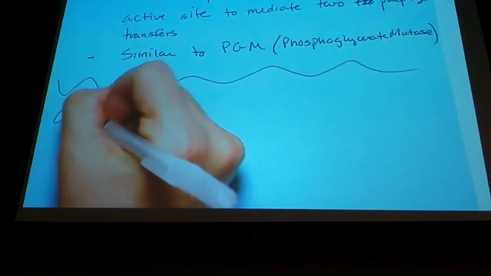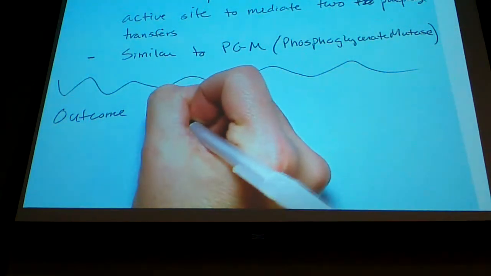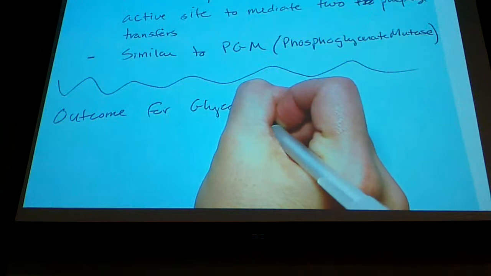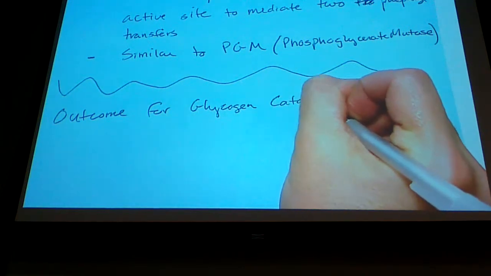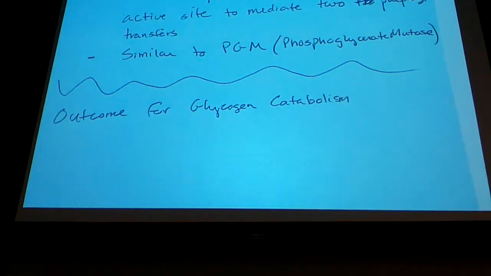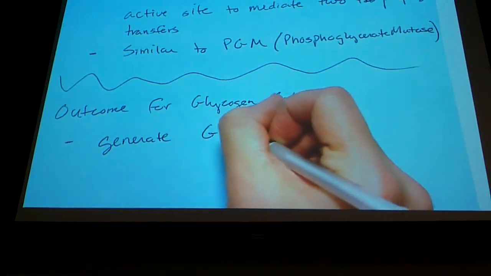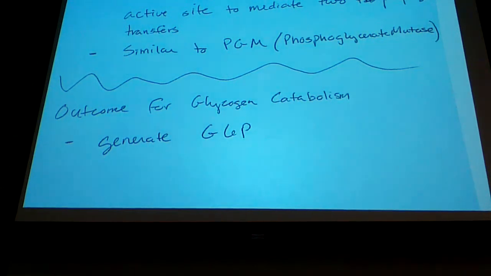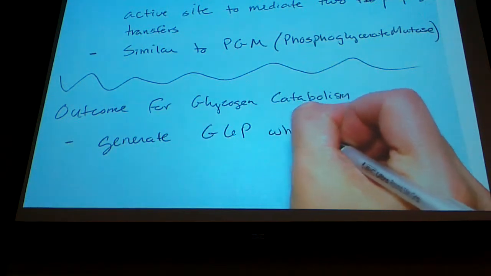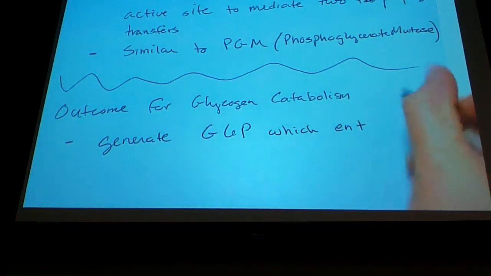Okay, so our outcome, glycogen metabolism. You generate glucose 6-phosphate, which can enter glycolysis at what step?